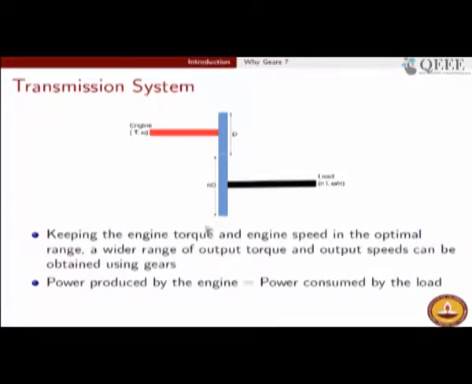So, no power is getting manufactured or destroyed at the transmission. The transmission losses are supposed to be minimal, but yes, there are losses. If you ignore them, then you can make the simplistic argument that the power produced in the engine will be equal to the power consumed at the load level, which is basically the output of the gear.